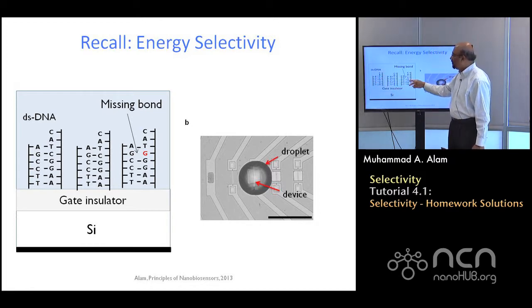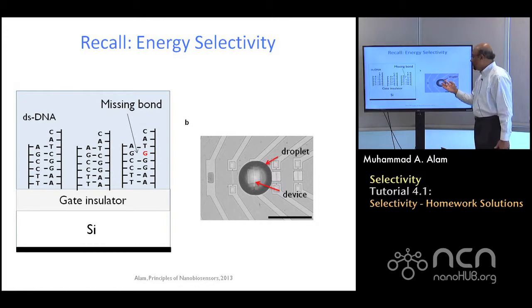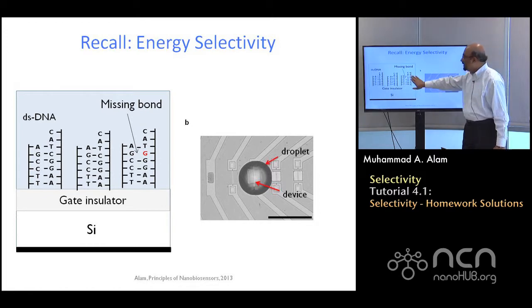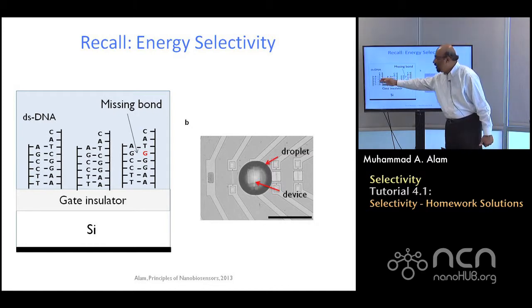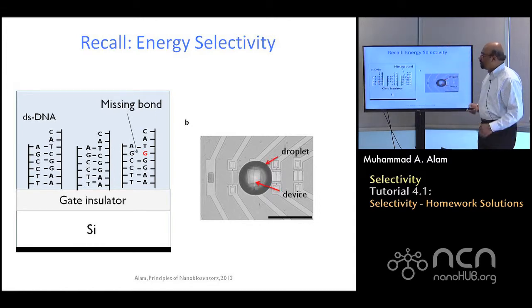With imperfect binding, there will be many missing bonds, and therefore a weaker bond. So in a droplet, if you increase the temperature by a transistor, let's say, these ones will debond and be washed away. Only the proper signal will remain. That's how we enhance selectivity, right? So let's see how strong the binding is for the two sequences we talked about.